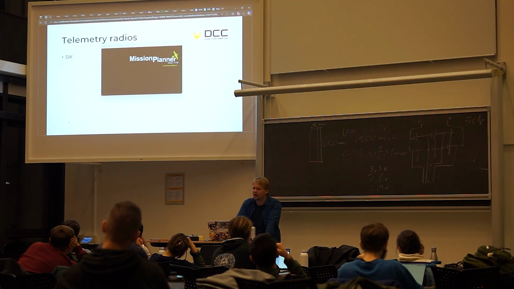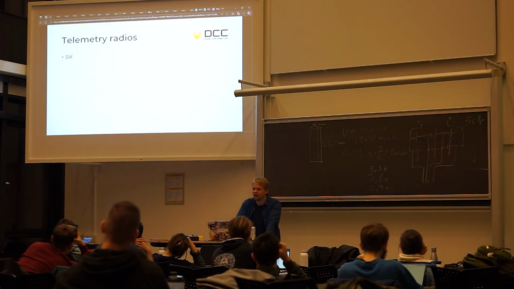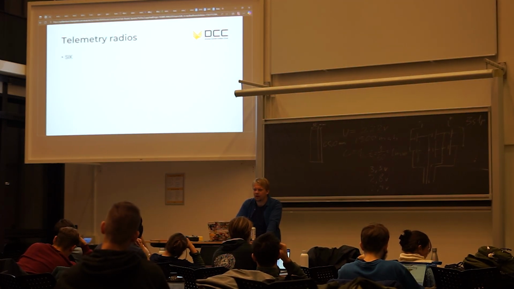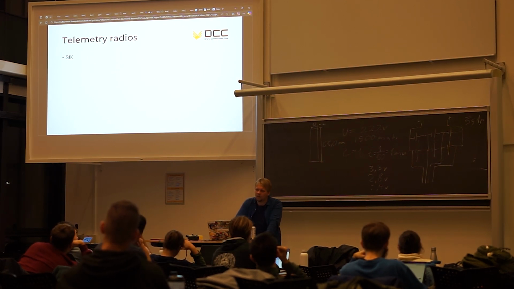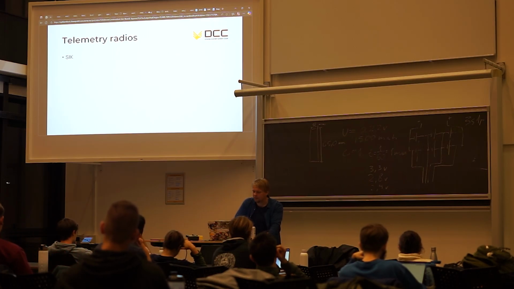They allow you to just connect with the drone via a different protocol, usually MAVLink, and communicate with it afar. That's it. Usually they go in 433 megahertz, sometimes 900 megahertz.